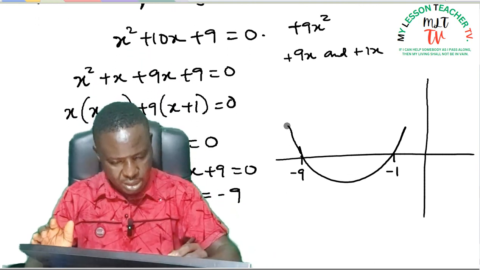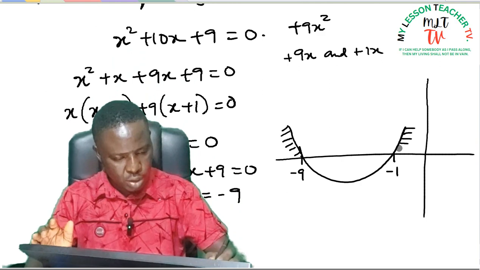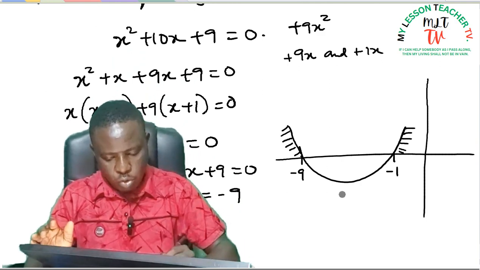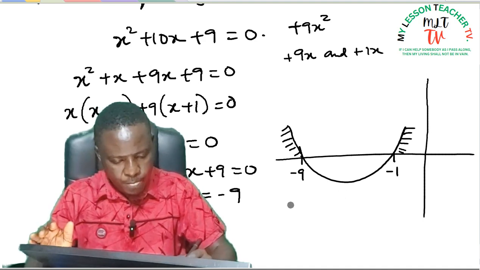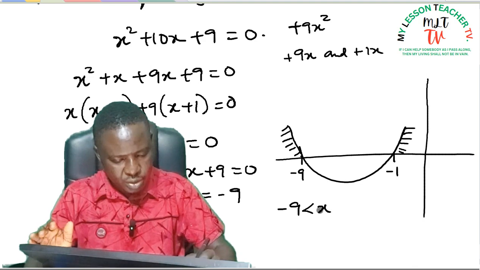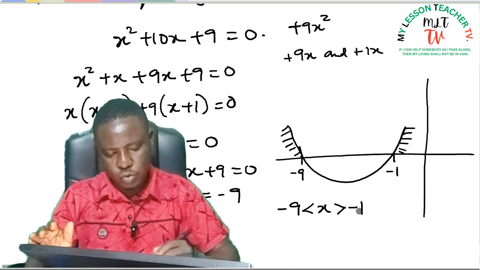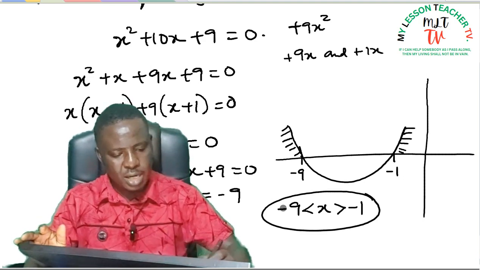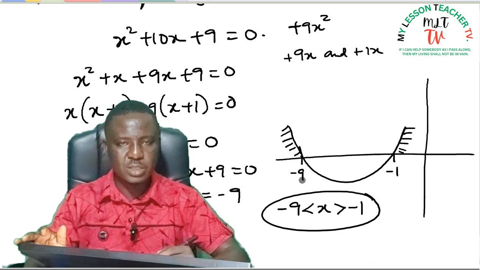Now, if you look at it, it is at this region that is greater than 0, and at this region. At this region, we said it is less than 0. So how do we write that? We have it that x is less than minus 9 or x is greater than minus 1. So this is how you represent it in set notation, and graphically, this is how it is being represented.